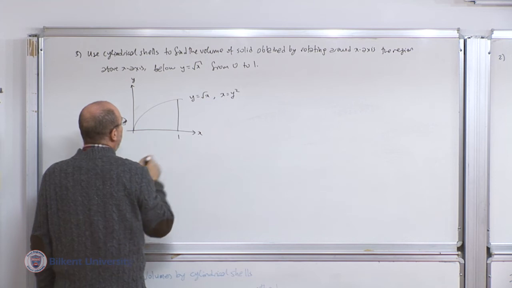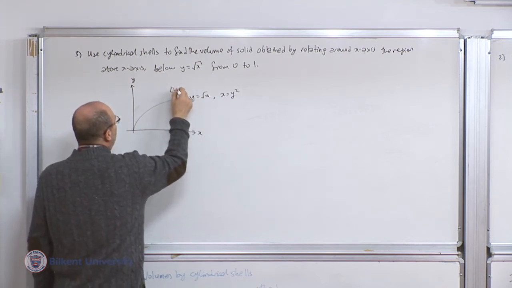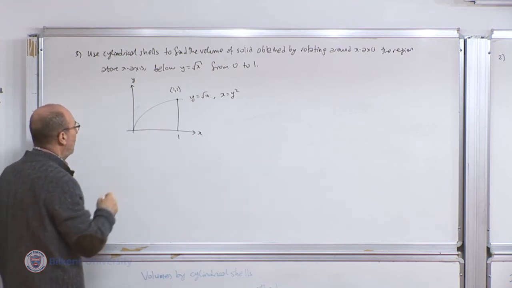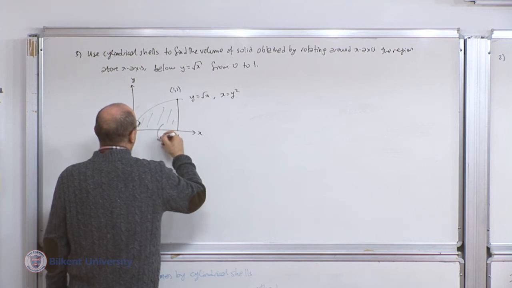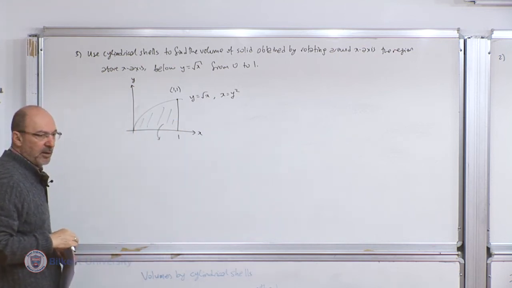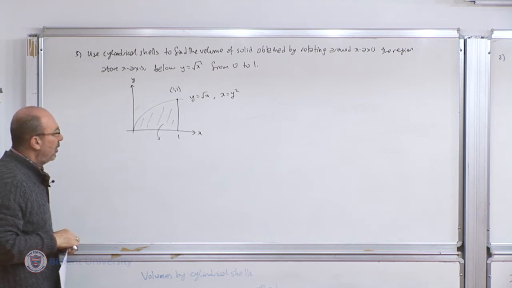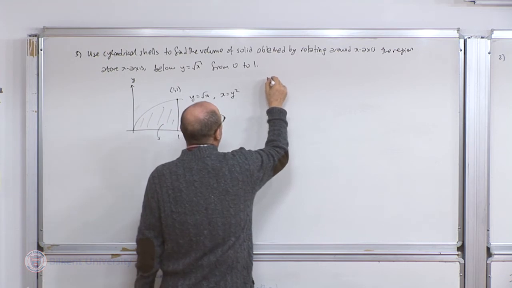So let's say this is 1. In that case, this point is 1, 1, if I ever need it later on. So this is the region, and we want to revolve this around the y-axis. Let's first do this by using cylindrical shells.